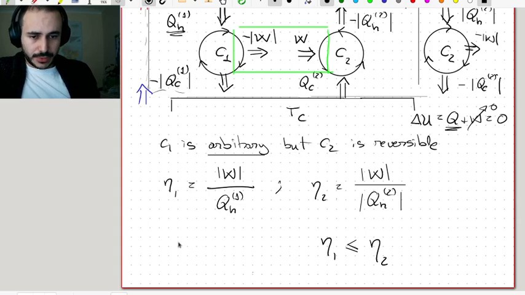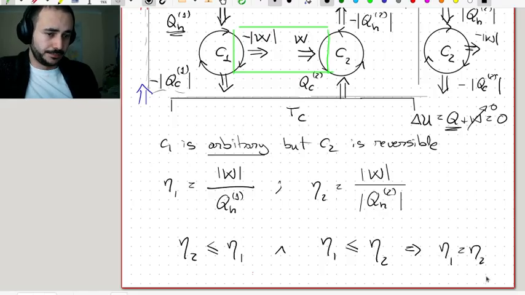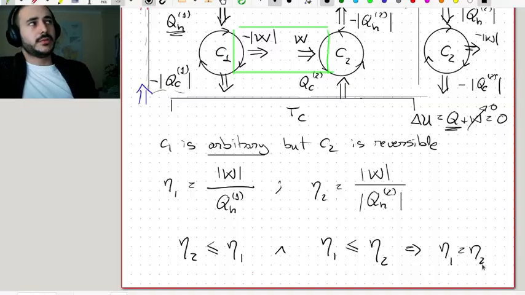And what we arrive at is that the thermal efficiency of 2 needs to be smaller or equal than the thermal efficiency of 1. And the two things can only be simultaneously true if eta 1 equals eta 2, which means all reversible cycles have the same thermal efficiency.